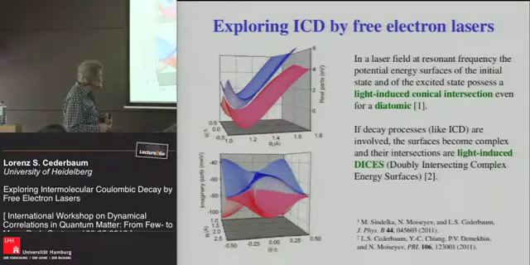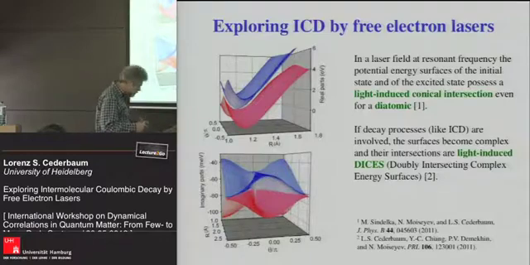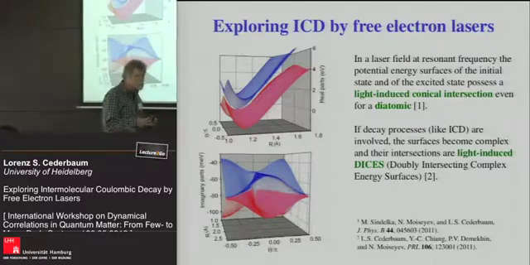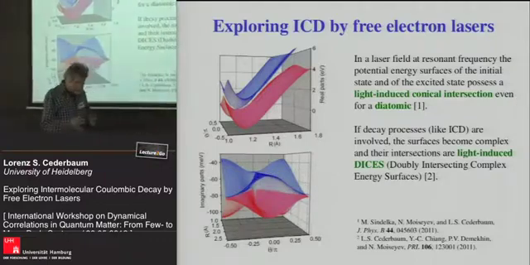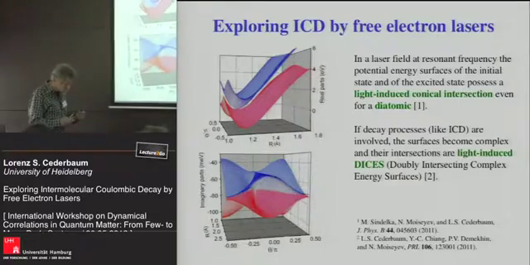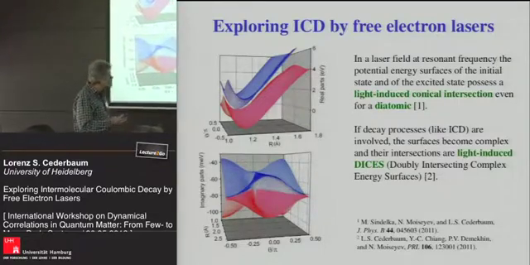Now, in our case, it's even a little more complicated because we have decay. This would be the case for stationary states. But if you have decay, the surfaces will become complex because of the decay time or decay rate which you have.